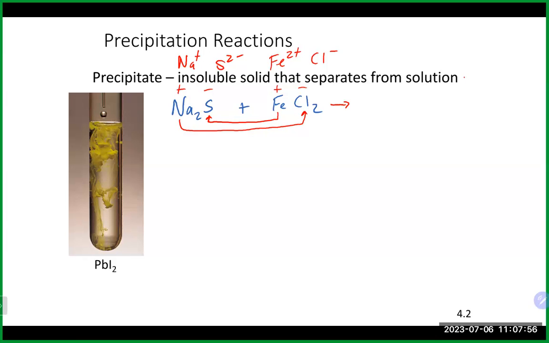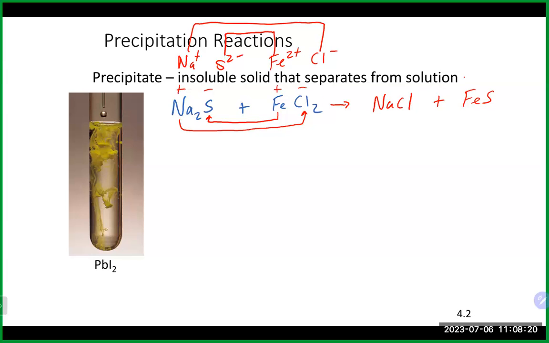When I take the sodium and the chloride, I get NaCl. I do not get Na2Cl2 because that is wrong. So you want to take the basic thing here. I would then get the iron and the sulfide, which is +2 and -2, which means this is what I should get out. Any questions on that?